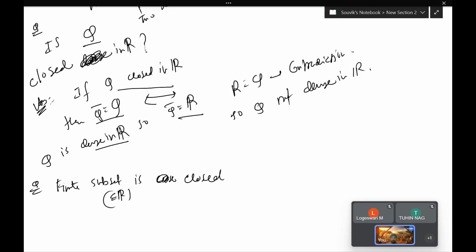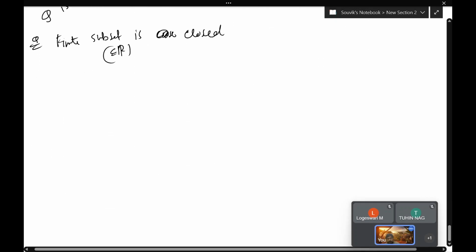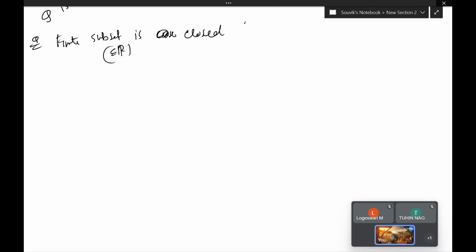Next, a finite subset of R is closed. How to prove it? It is a finite subset, and in order to show it is closed, we need to check that all of its limit points lie inside the set.